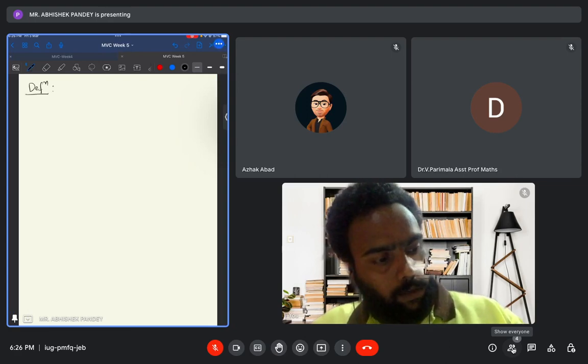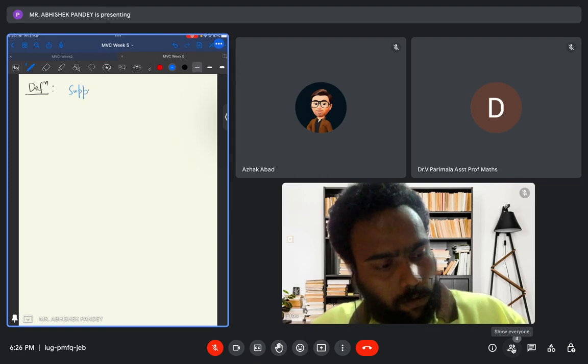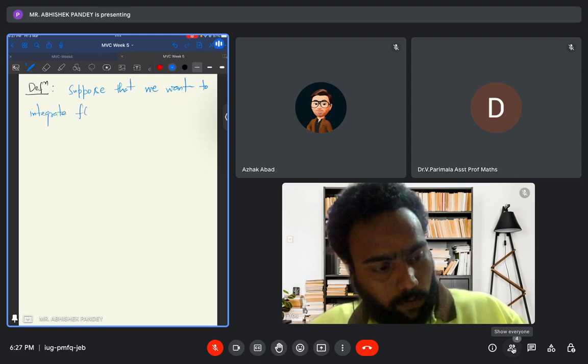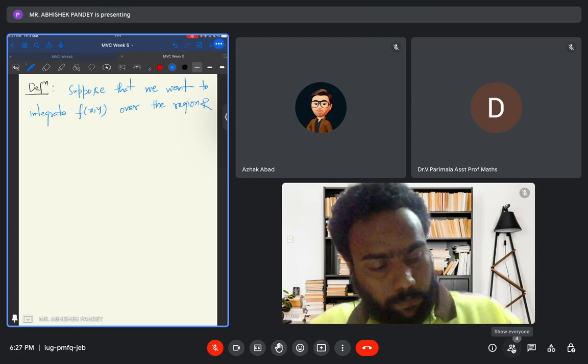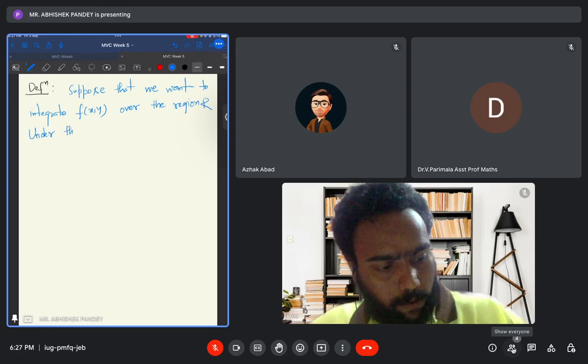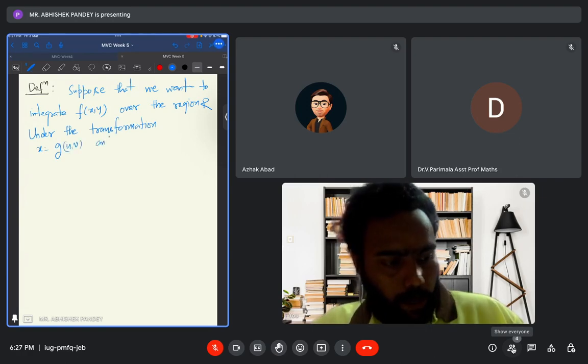Now let us move towards the definition in general. Suppose that we want to integrate f of x comma y over the region R under the transformation x equals g of u comma v and y equals h of u comma v.